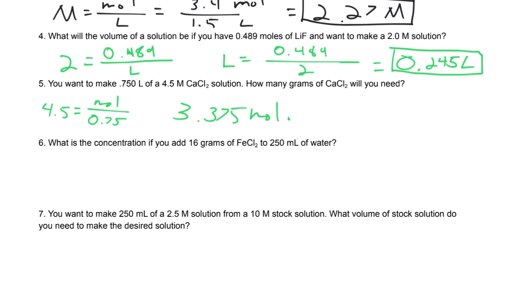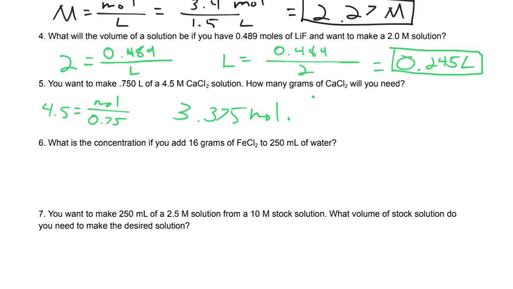So I got to multiply by how many grams 1 mole of calcium chloride weighs. And calcium chloride, I add up. It's got 2 chlorines, so I can multiply the mass of chlorine by 2.